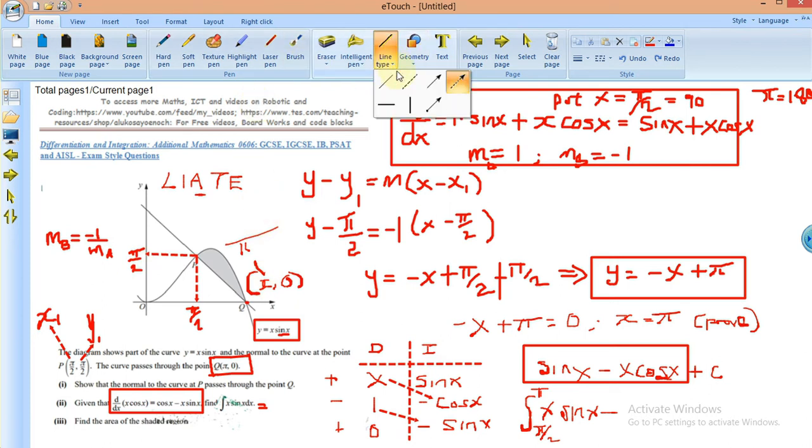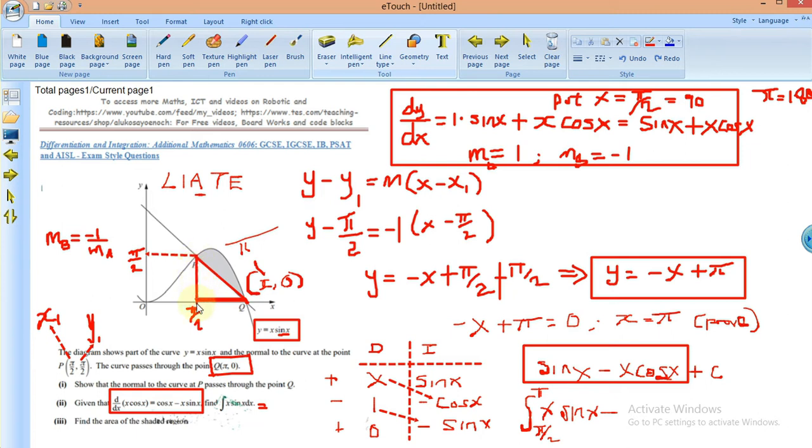Can I just use this line? Look at this. Oh, sorry about that. I meant to use the transversal line. That is pi over 2. Look at this, pi over 2.